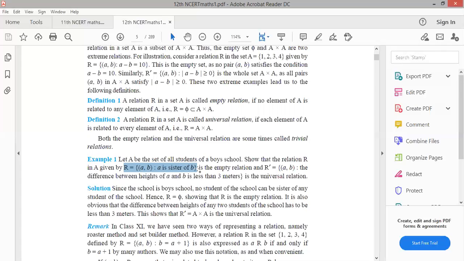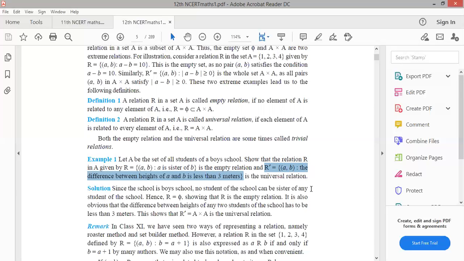Now let's define one more relation there. For example, we take two students and we define a relation R dash equal to (A, B) where the difference between the heights of A and B is less than 3 meters. We take at random two students and define a relation like this.